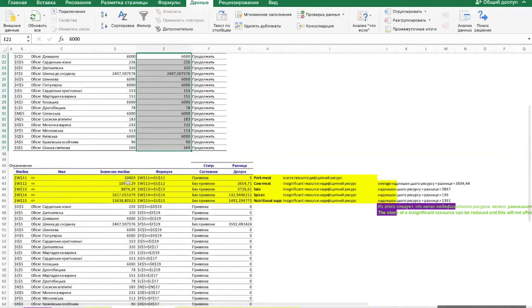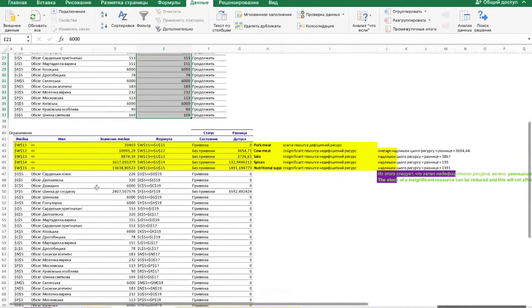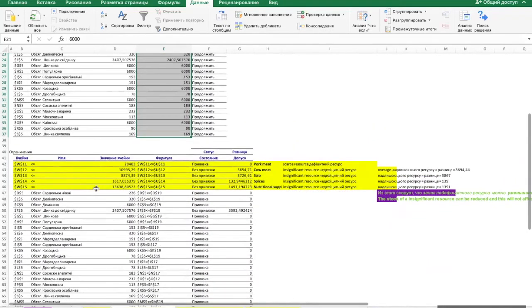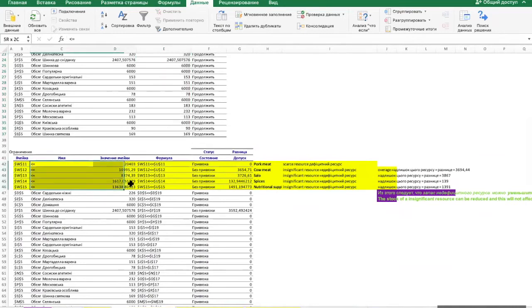Okay, then we have the last table, and in this table important information we can see only in these yellow spaces. Why are these yellow spaces important? They reflect the information about the resources which we need to spend to produce optimal quantities of all products.